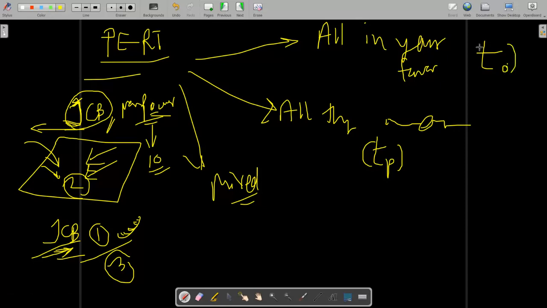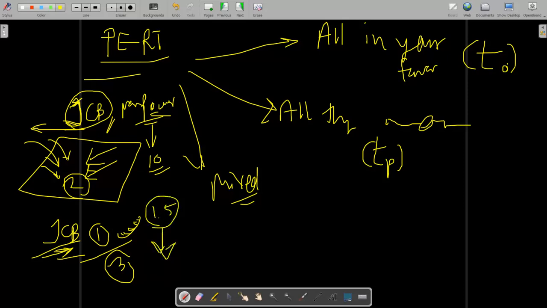So any activity has three possibilities: all the things go in your favor, or against your favor, or a mixed condition. Suppose you told your contractor that you will require a JCB from tomorrow morning and 10 manpower, but manpower is ready and the JCB is also ready, and today we still have time, and the operator is more efficient, he knows his work very well, and he is applying some good technique so that your 2 days work can be completed in 1.5 days.